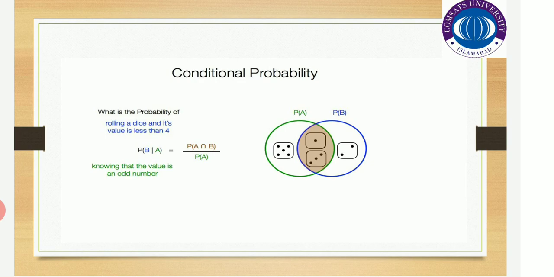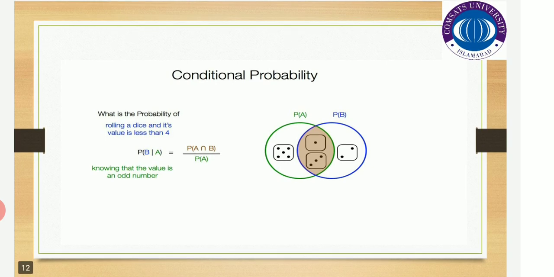If we have 6 outcomes, 1, 2, 3, 4, 5, 6, then how many outcomes are less than 4? 1, 2 and 3. Now, you can see that 1 and 3 are common in both. It means they possess both characteristics: they are odd numbers as well as less than 4.